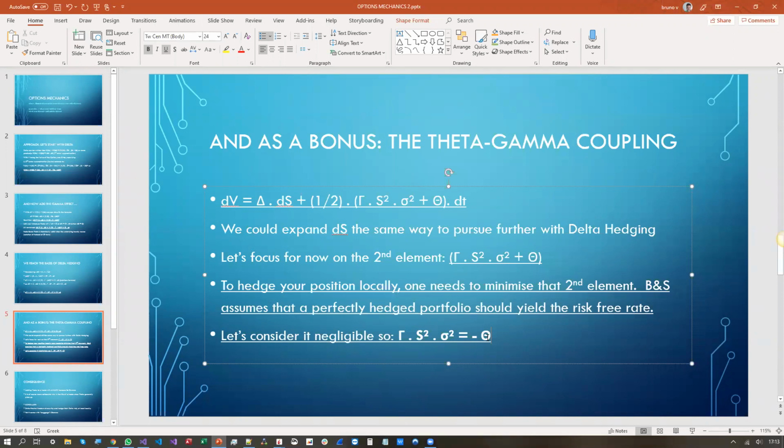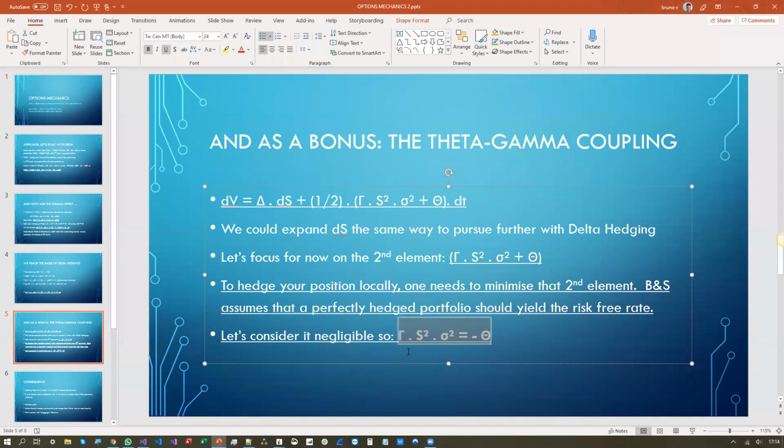Of course, if you're on the other side and you want to do gamma scalping, that's the total opposite. You will try and benefit from gamma. But I'm here looking at hedging, so reducing the gamma effect. So this is the first important equivalence to take into account.